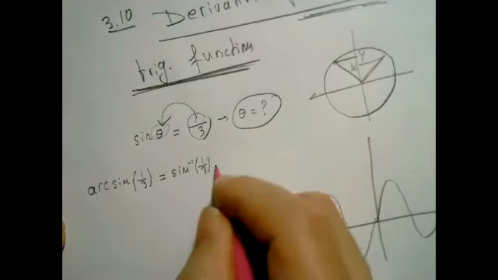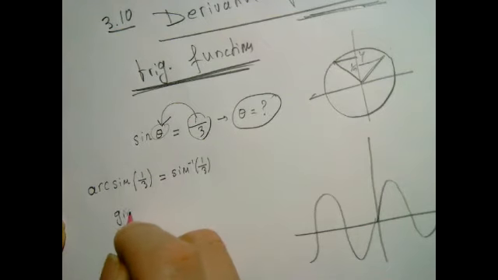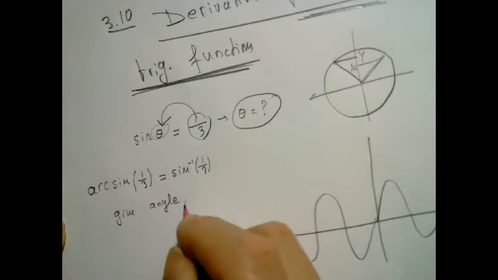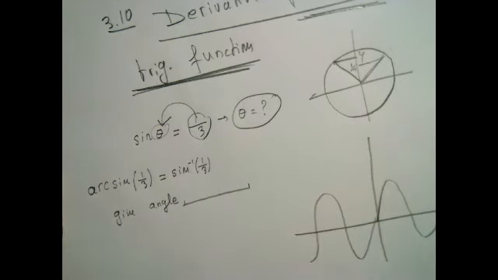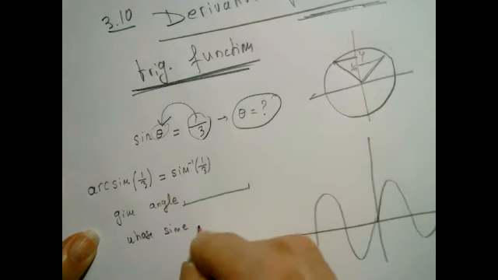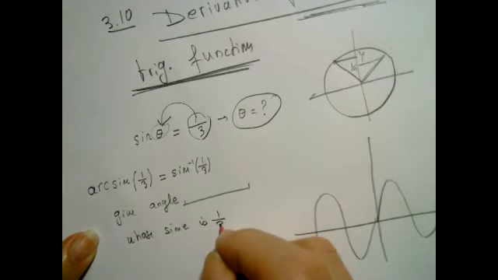This gives the angle, and here I'm going to leave a big empty space because we're going to fill it, whose sine is 1/3. So it's going to give you the angle whose sine is 1/3.